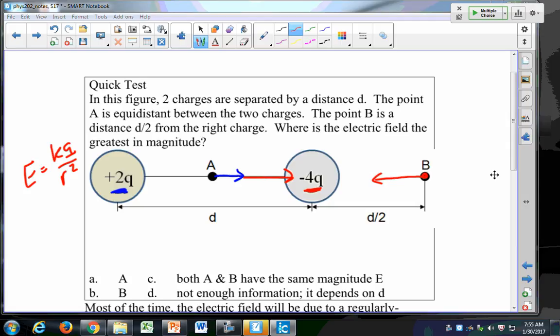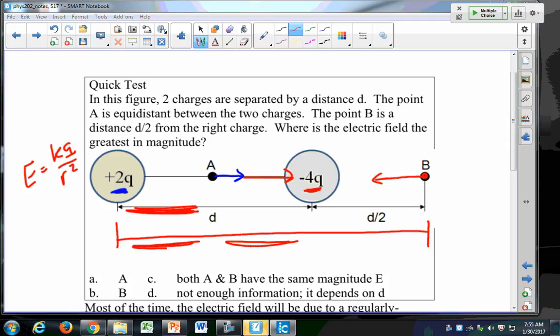The distance from here all the way over to here is 3 times that distance. Y'all follow me? Let me draw it. I'm not sure that y'all are following. I'm thinking about 2 different distances. I'm thinking about this distance, and I'm thinking about this distance. And notice that this distance has 1, 2, 3 segments that are all the same length. So I've increased my distance by a factor of 3.